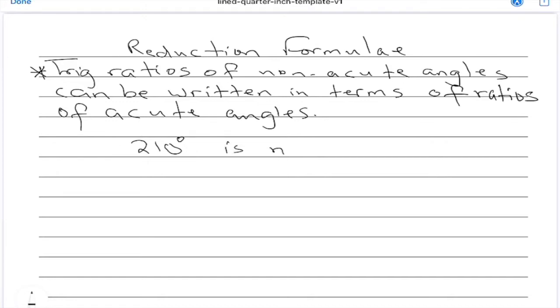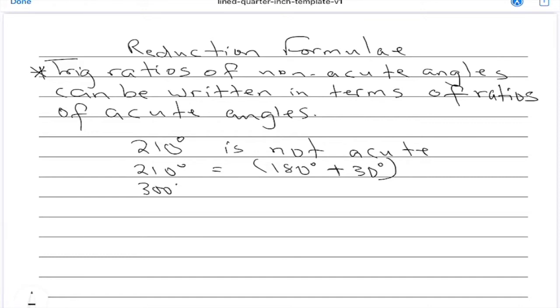So this is not acute, but 210 degrees can be written somehow in terms of an acute angle. For instance, we can write 210 as 180 plus 30 degrees. You see, we're now introducing the 30 degrees, which is actually an acute angle.